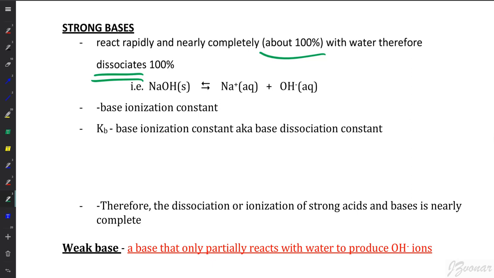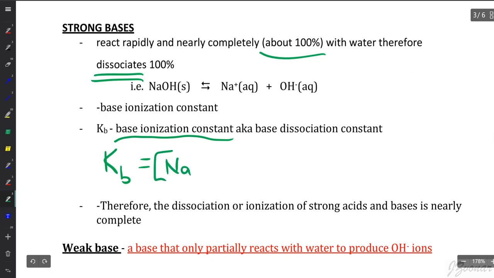So for these ones, we are going to be using the symbol Kb. The symbol Kb represents the base ionization constant, okay, which is AKA the base dissociation constant. All right, so they mean the same thing. And because we're dealing with strong bases, Kb is going to equal the concentration of the ions and hydroxide ions for this particular question.